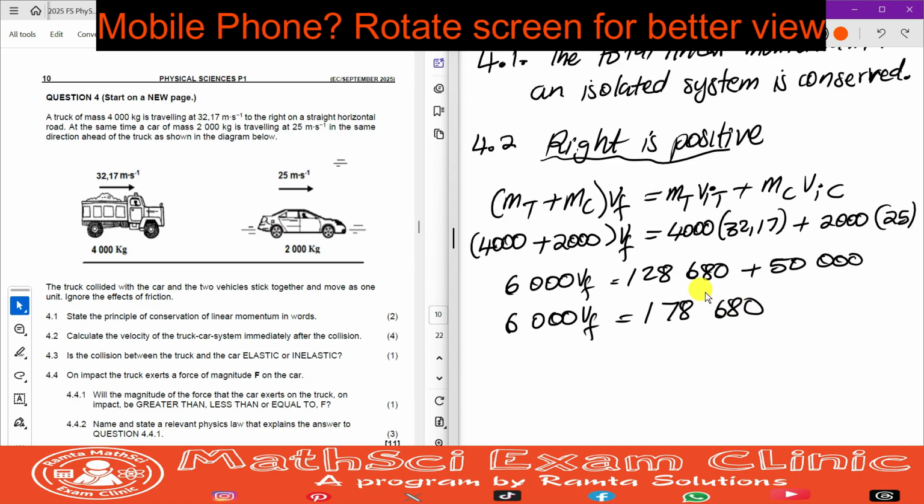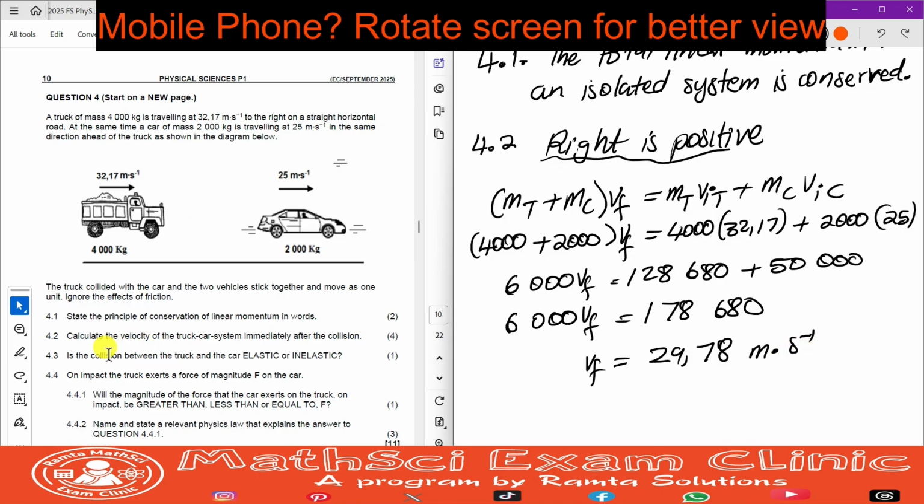We divide it by 6,000. Therefore, our answer is final velocity of 29.78 meters per second. The question did not say calculate the magnitude of the velocity, but rather velocity. So we must indicate direction. It will be to the right.